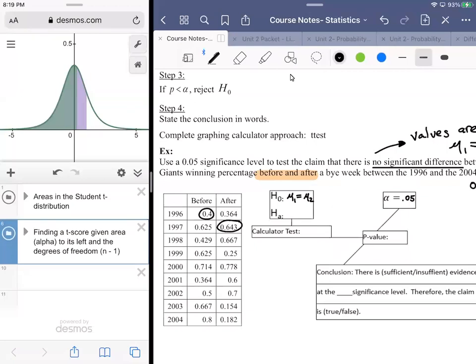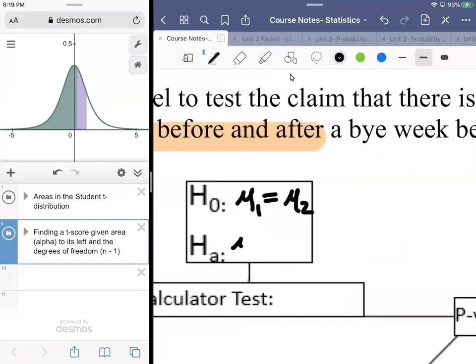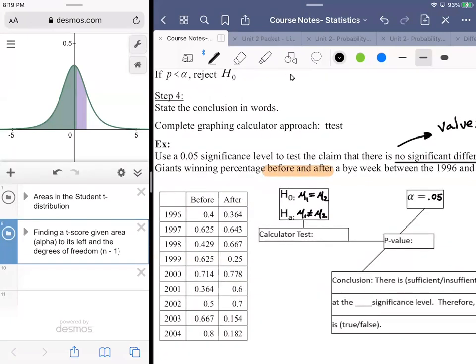The percentage is higher before in 96, but after in 97, after in 98, before in 99, after in 2000. I don't know what the breakdown is here. So what I would say is that my alternative is that there is simply some difference, one way or the other, between our two population means. I don't know if mu1 is more than mu2 or if it's less. I just know that it's different.